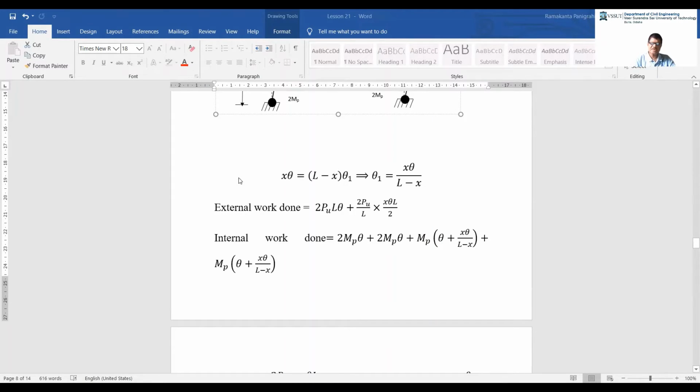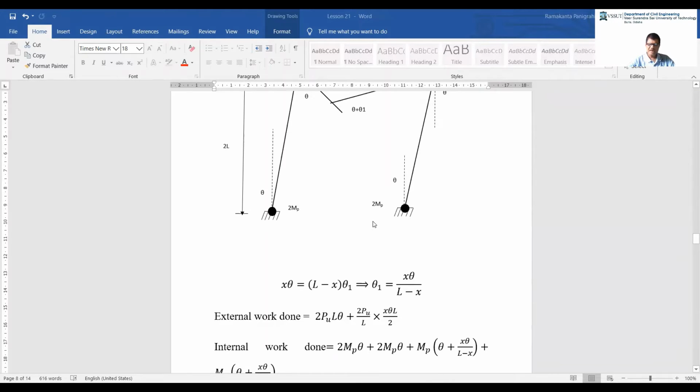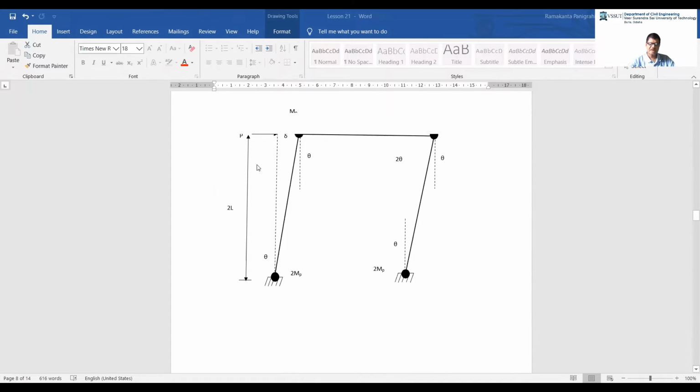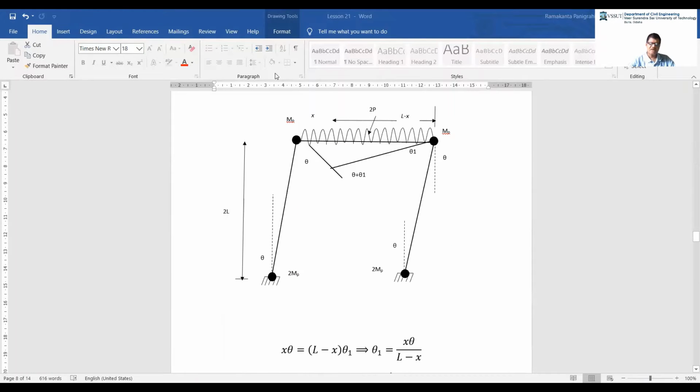So here you see the external work done is equal to 2q L theta. 2q L theta, and then 2q by L x theta L by 2. Now this is P, this is 2L. So P into delta, where delta is equal to 2L theta. P is acting here, it is not given, so we can give this value.